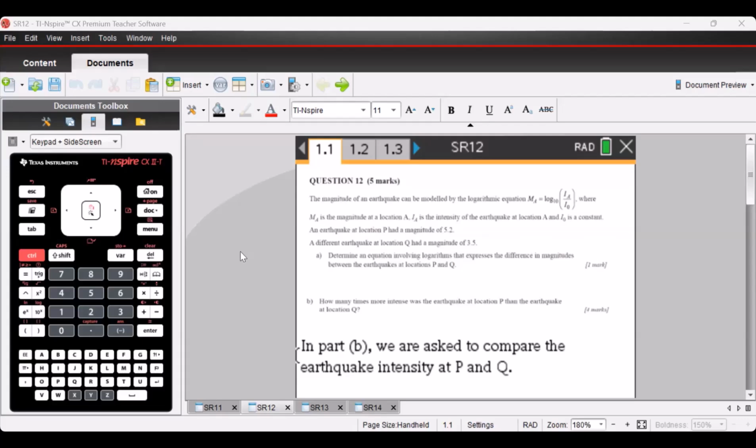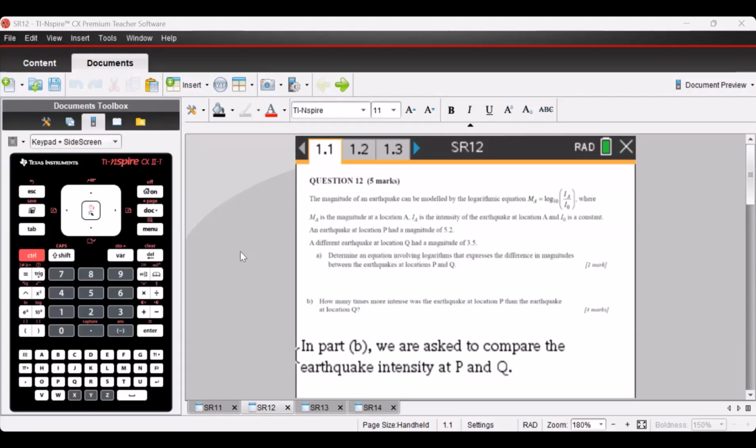So that's part A. We'll come back to part B in a moment, but part B asks us to determine how many times more intense was the earthquake at location P than the earthquake at location Q. So in part B, we're asked to compare the earthquake intensities at P and Q. So let's first of all work on part A.